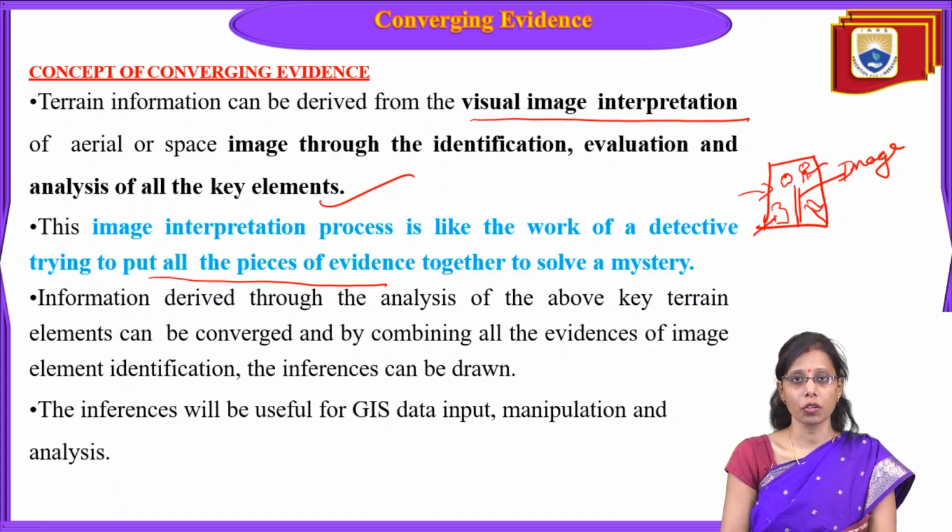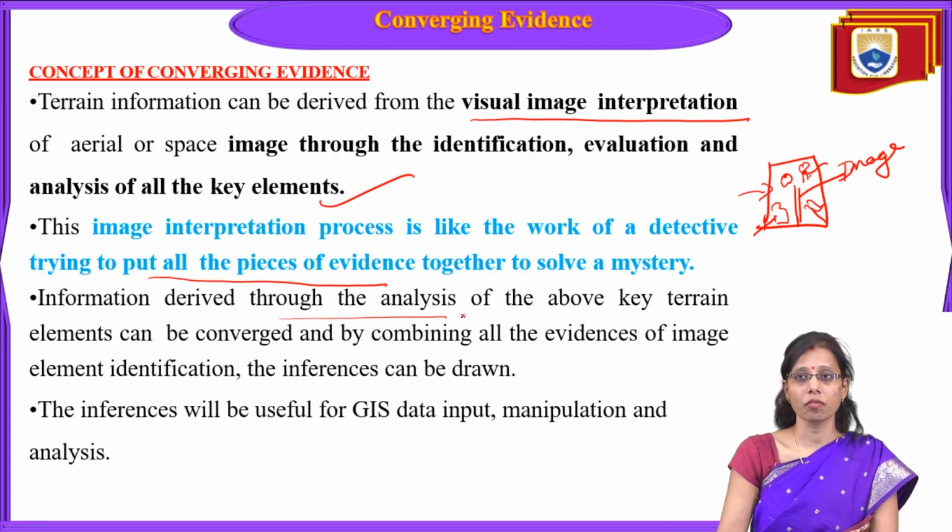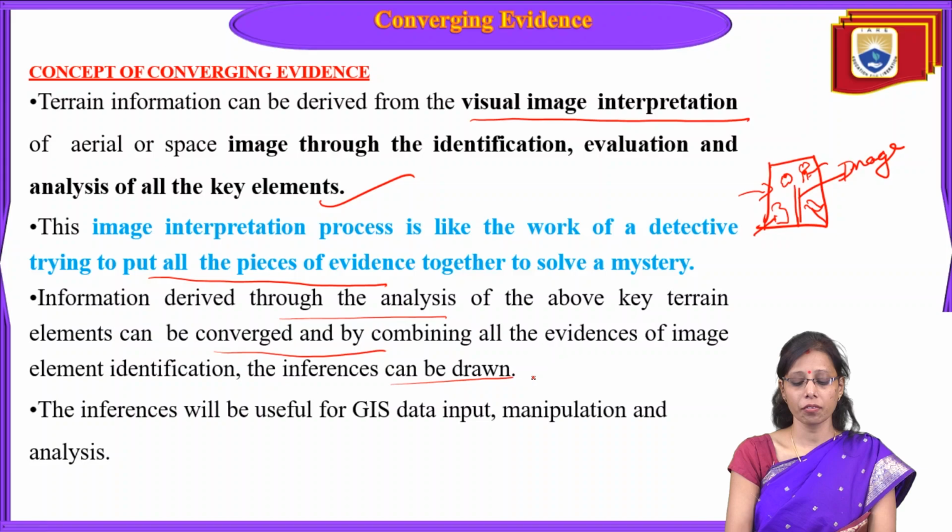To solve a mystery, different pieces of evidence are identified and put together to get the information of that image. The information derived through the analysis of the above key terrain elements can converge, and by combining all the evidence of the image element identification, the inference can be drawn. The inference will be useful for GIS data input, manipulation and analysis.